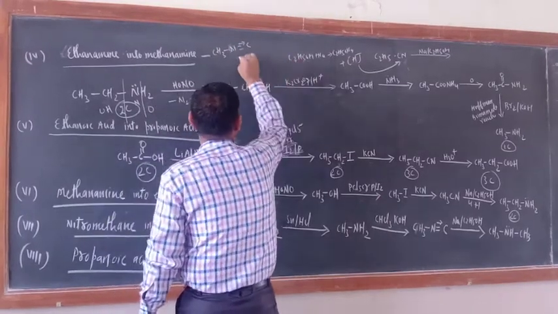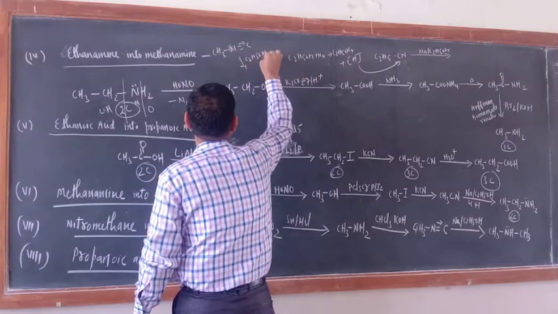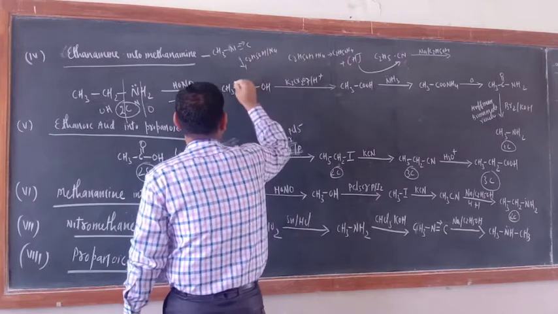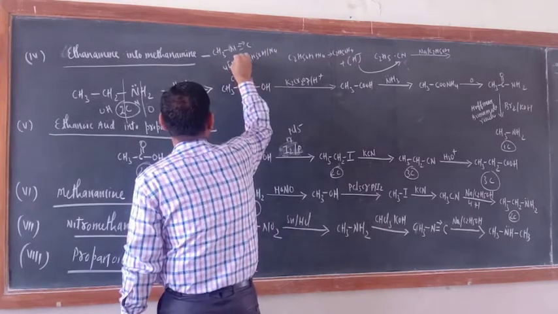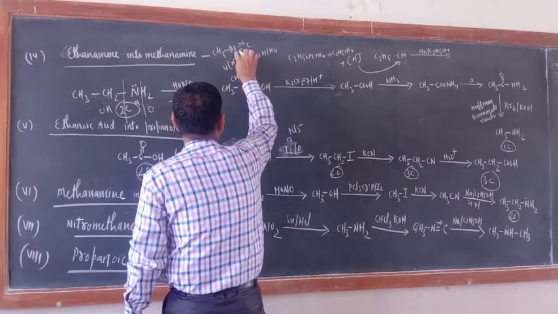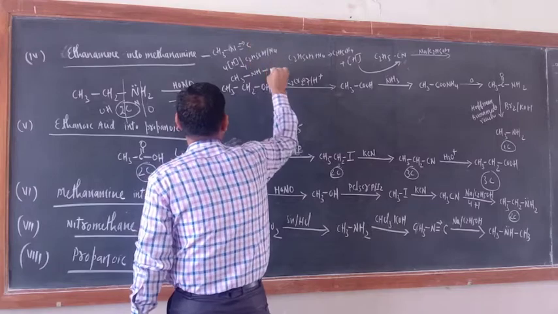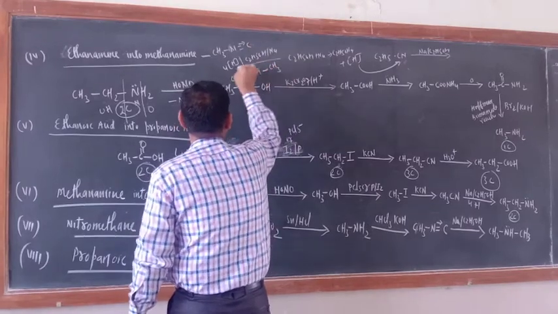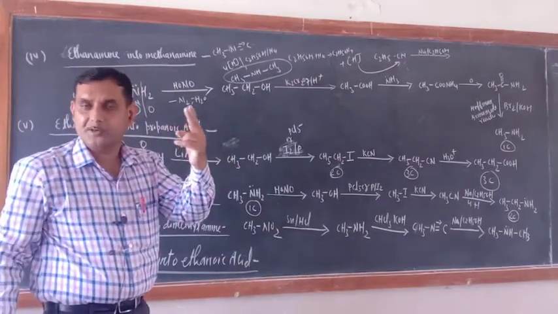Suppose you take the same reducing agent, Na/C2H5OH. So what is the product here? Only 4H is required. So give 1H to N, so NH would be there, and give 3H to the carbon, so CH3 is there. So isocyanide reduction product is 2 degree amine.